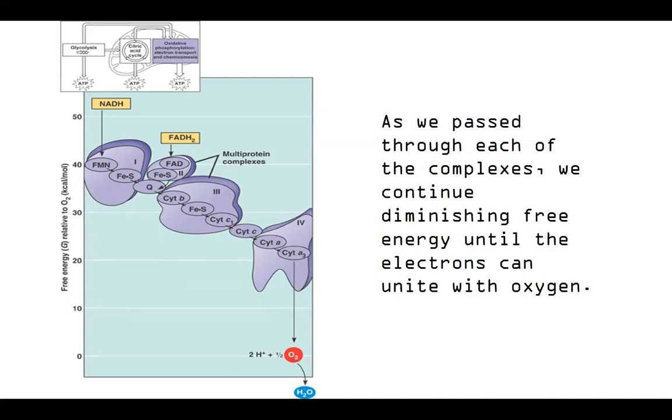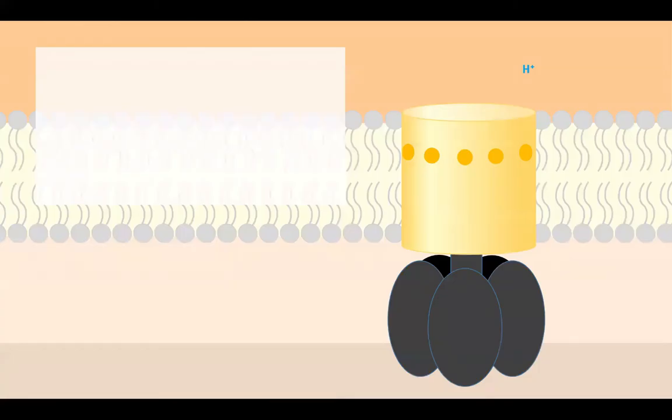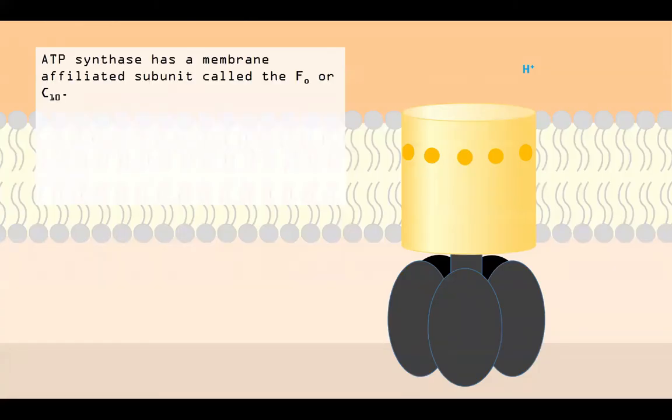So let's go ahead and get this ATP that we've been waiting for. To do this, we're going to look at an enzyme called ATP synthase. I've just got the top part highlighted here. This is going to be the F0 or C10 or C-ring subunit.